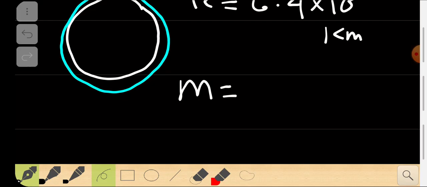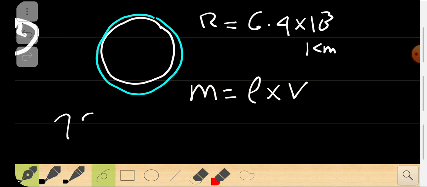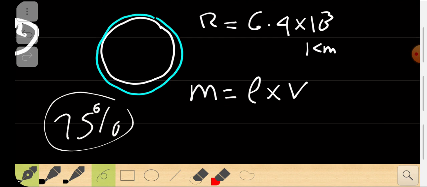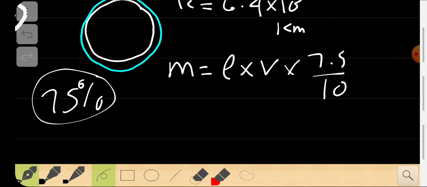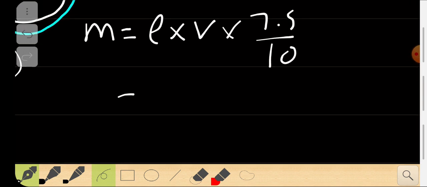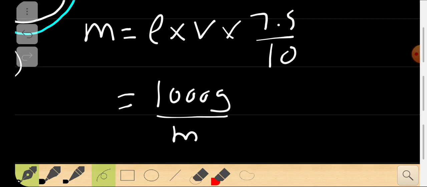Mass of water will be equal to density times the volume, right? But only 75 percentage of earth is covered with water. That means times 7.5 by 10. Only 75 percentage of this will be that of water. And if that's the case, then we can substitute for the values. The density of water is 1000 kilogram per meter cube.